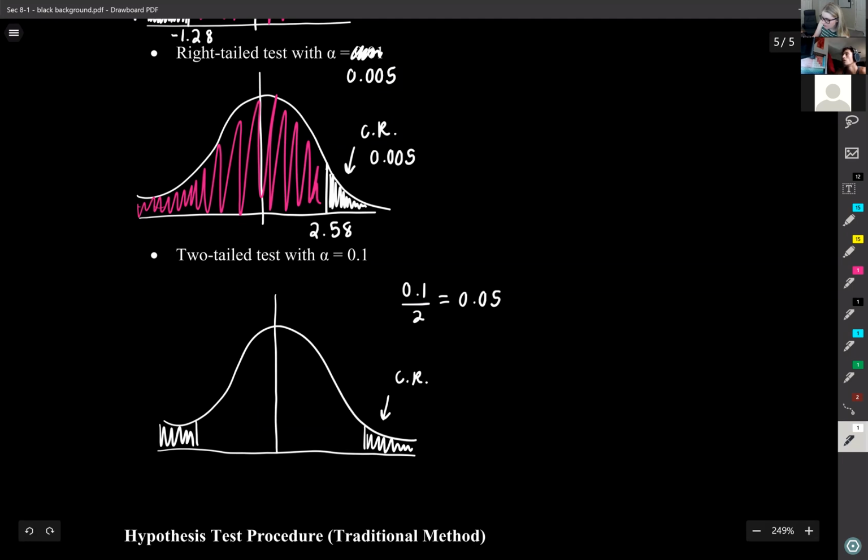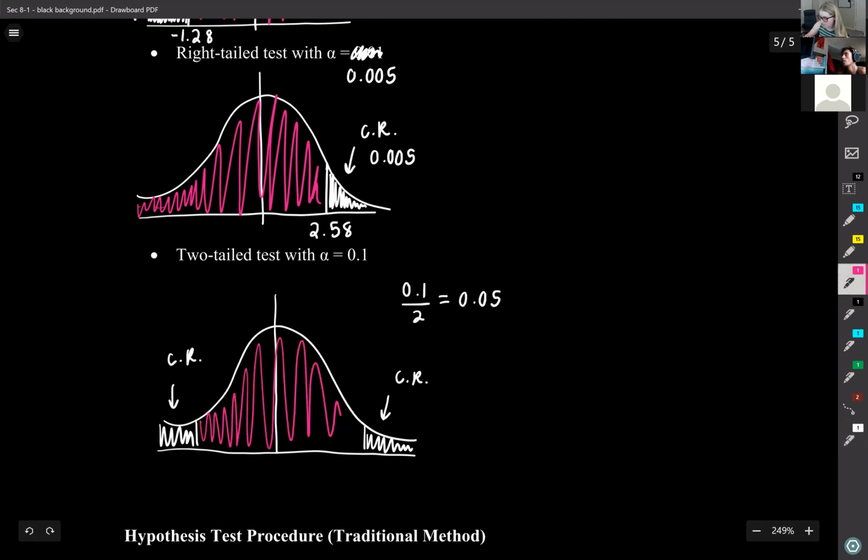This is a critical region, and this is a critical region. This has an area of 0.05, and this one has an area of 0.05 as well. If I go to my z-score table and look up these areas, you should get negative 1.65 and then 1.65.